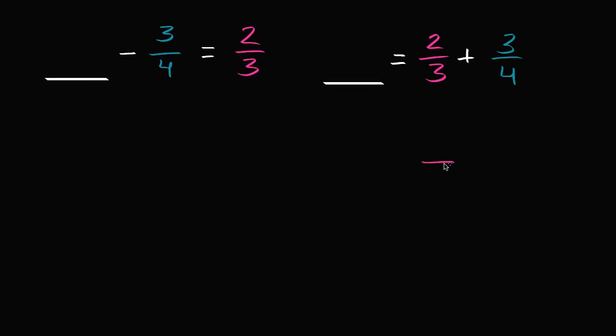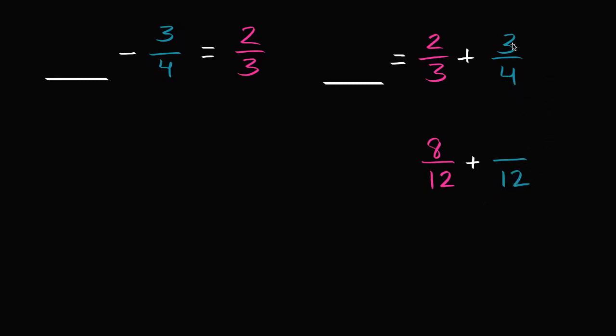So to go from 3 to 12, we multiply by 4. So you have to multiply the numerator by 4 as well. So 2 times 4 is 8. 2/3 is the same thing as 8/12. So this is going to be equal to 8/12 plus, and then 3/4 is the same thing as what over 12? Well, to go from 4 to 12, you have to multiply by 3.